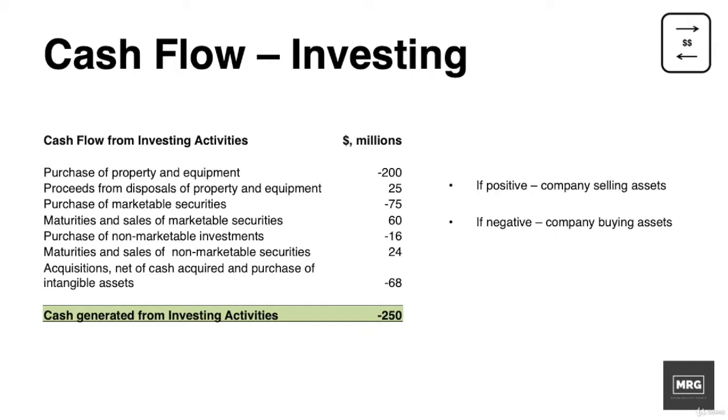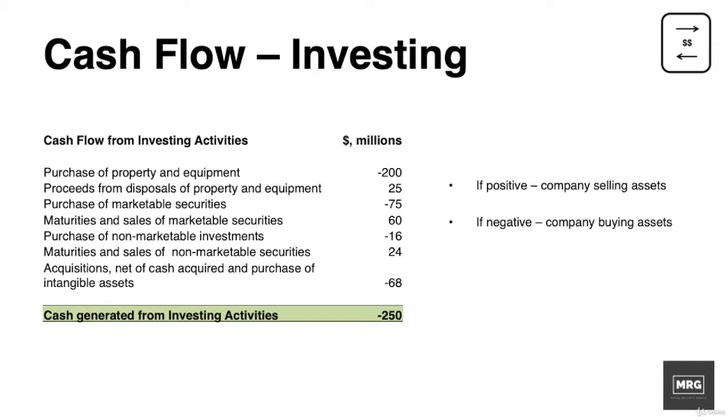When you receive the cash, you record it into the cash flow from investing activities as a positive inflow. If you look at the last row for acquisitions, when you are acquiring a company, you need to pay that company the money to buy the shares. So there will be a negative outflow of money when you use the cash to acquire a company.